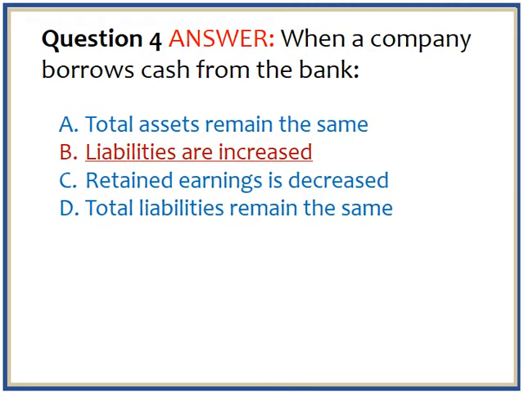When a company borrows cash from the bank, it will receive cash, an asset. So assets will increase. On the other side of this transaction is the fact that the company owes the bank the money, which is a liability. So liabilities are also increasing in this transaction. The only answer that fits will be B, liabilities are increased.